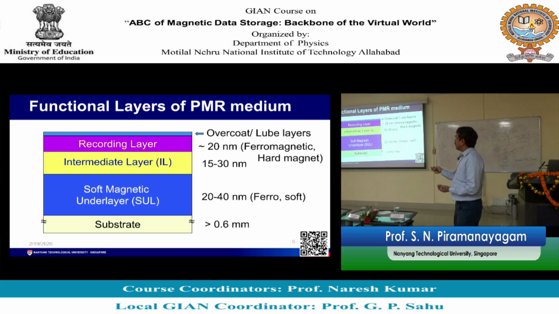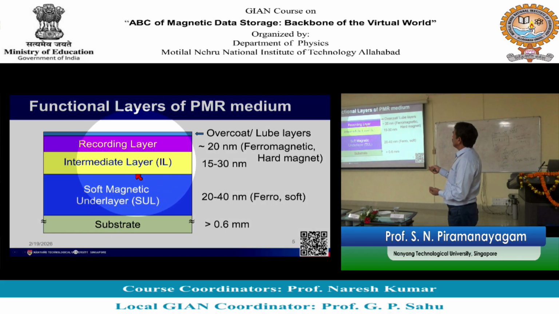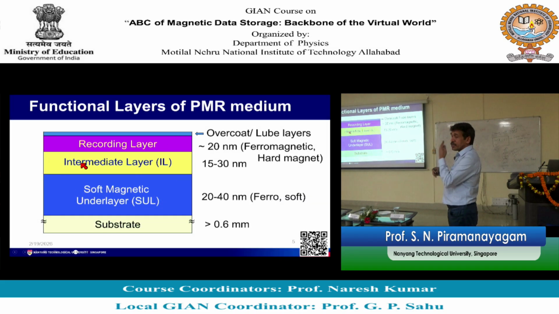Secondly, you have 2 magnetic layers, and if you let them couple with each other, then you are going to lose the properties.